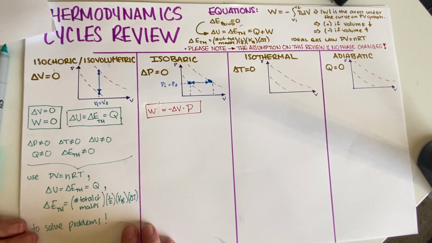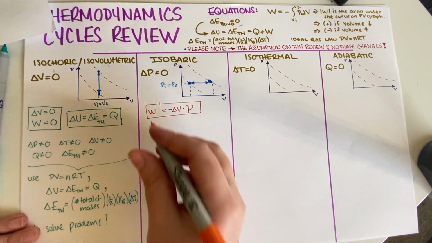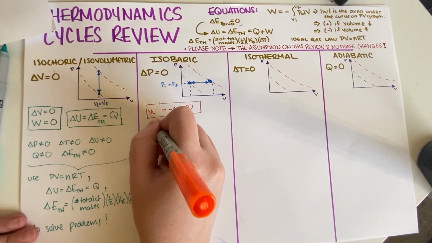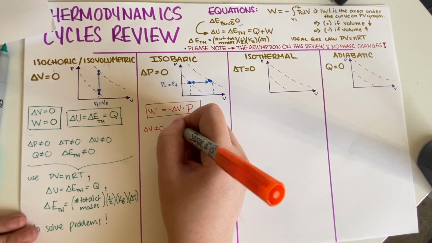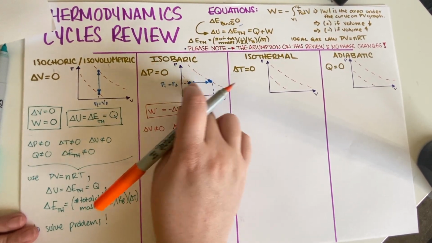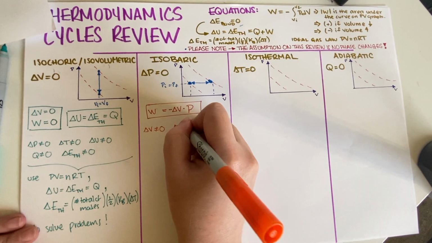Now, what else simplifies? Well, that's the only thing that simplifies. Delta V is not equal to 0. Delta T is not equal to 0 because you're also going from one isotherm to another one.